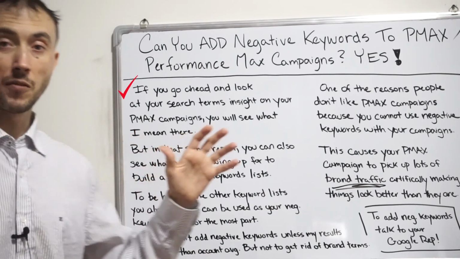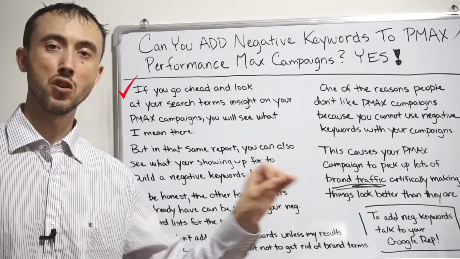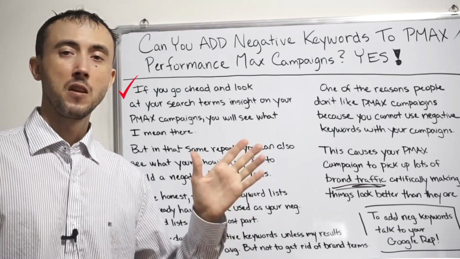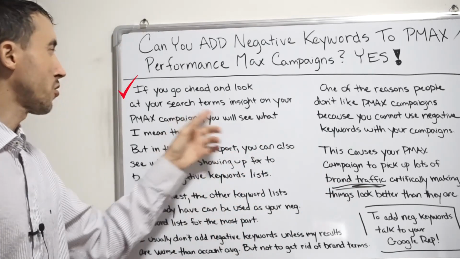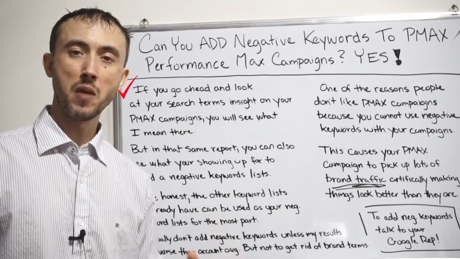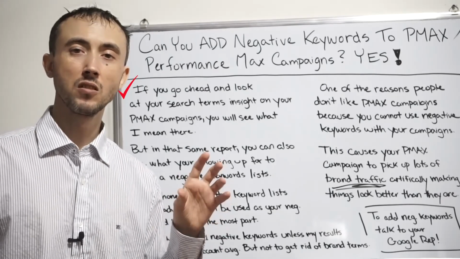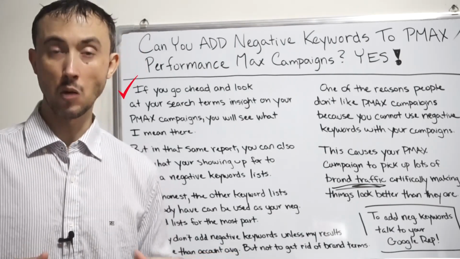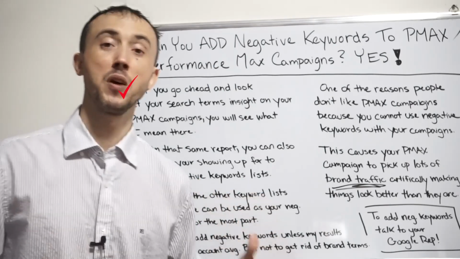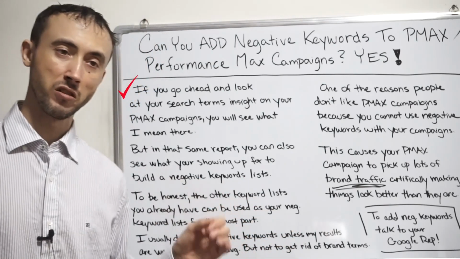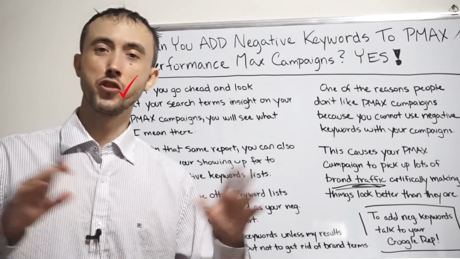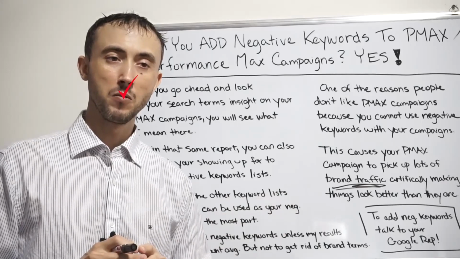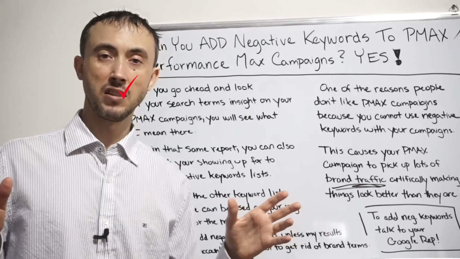Just like if you're running search campaigns and you're using the search terms report, sorry, the search terms insight report on the PMAX campaign doesn't show you as detailed data as the search campaign's search terms report does. I wish it would, but it doesn't. But it does give us quite a bit of information, particularly the general gist of what the PMAX campaigns are showing up for, and a lot of whatever's generating sales.